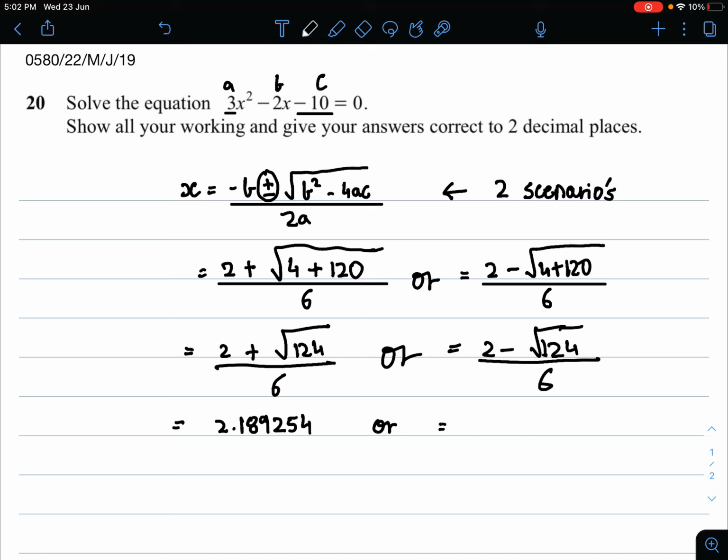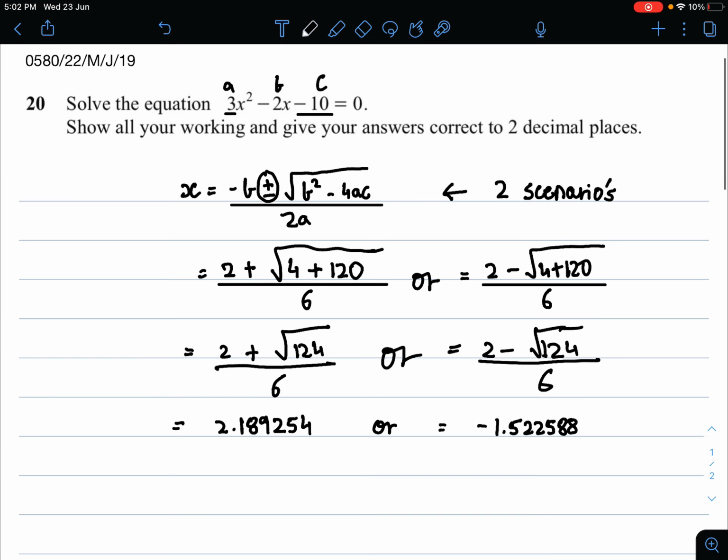2 minus root of 124, whole thing divided by 6. So that would be equal to minus 1.522588. Now I would advise you to write as many decimal places in this step as possible.